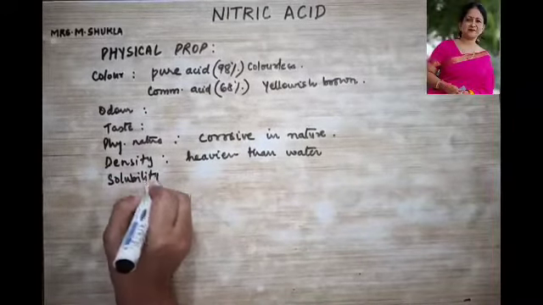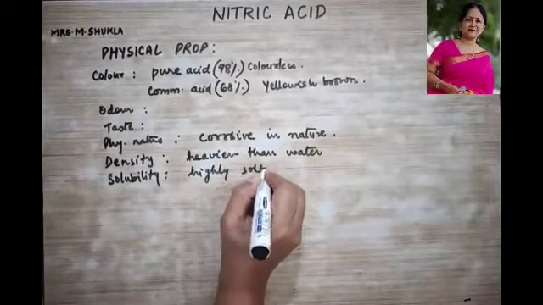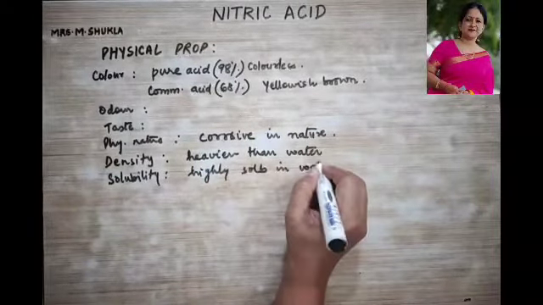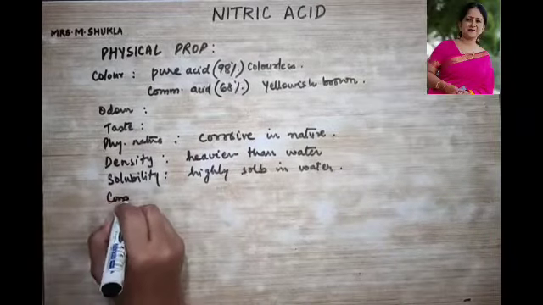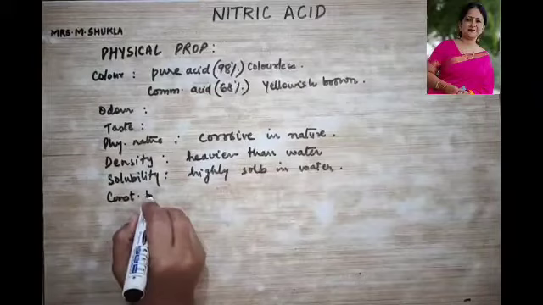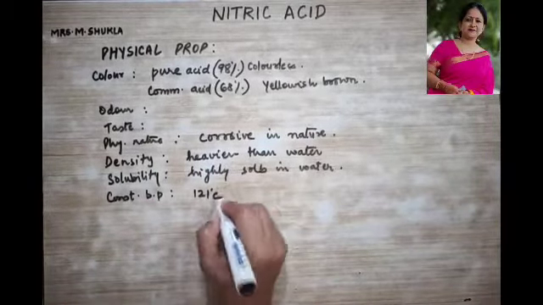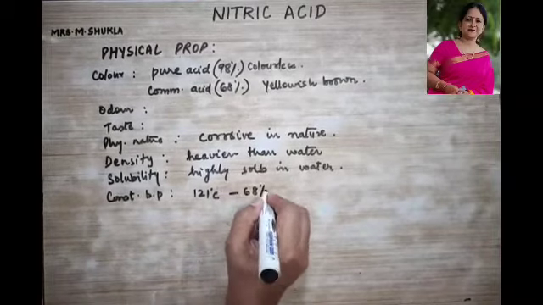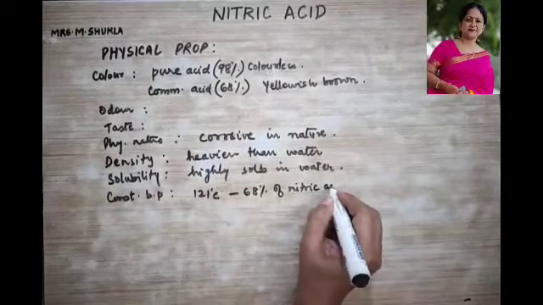Highly soluble in water. What is the constant boiling mixture or azeotrope? As I have already told you, 121 degrees containing 68% of nitric acid is your constant boiling mixture.